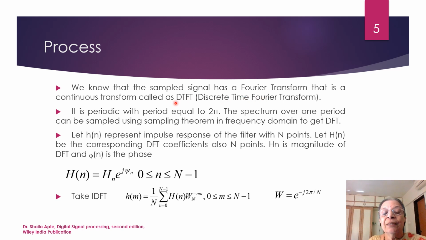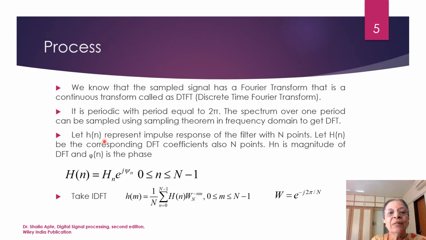It will be called a discrete time Fourier transform. That is called a DTFT. Now, this discrete time Fourier transform has some properties. The main property is that it is periodic with period equal to 2 pi. So what we may do, we may consider the spectrum over one period of it and then sample to get the DFT points.